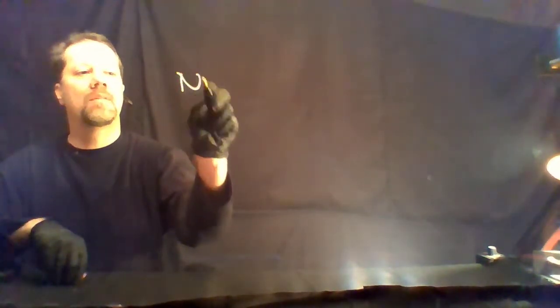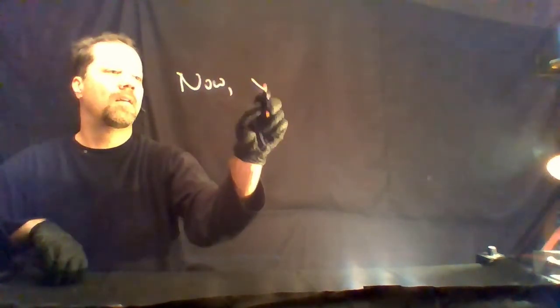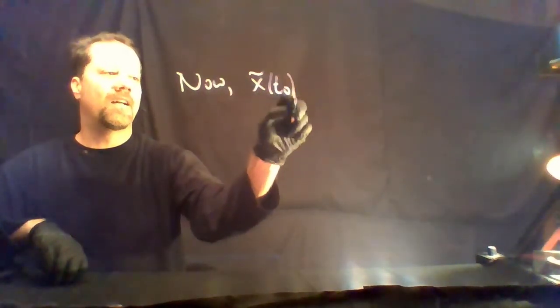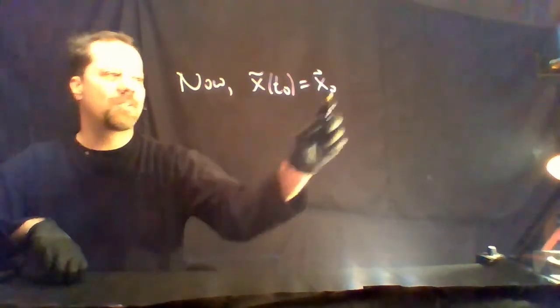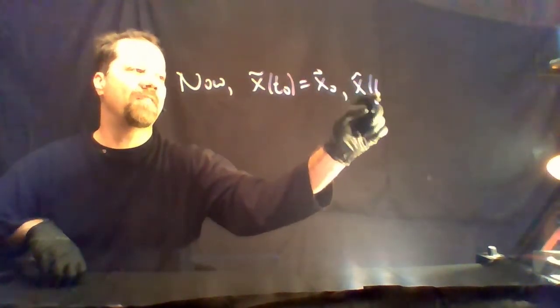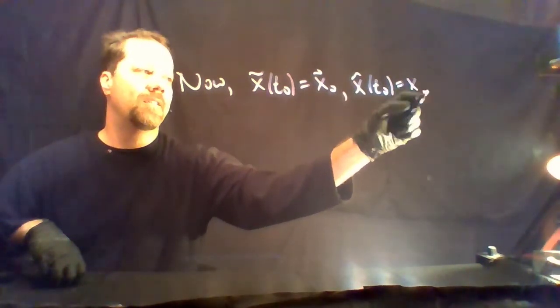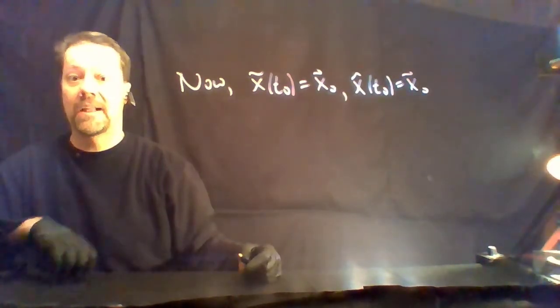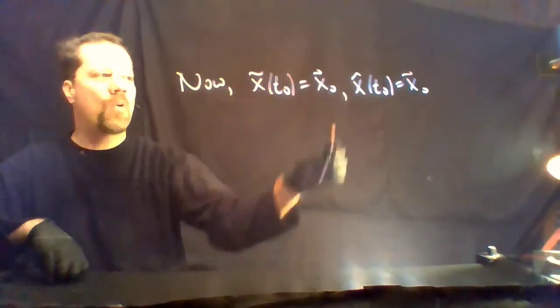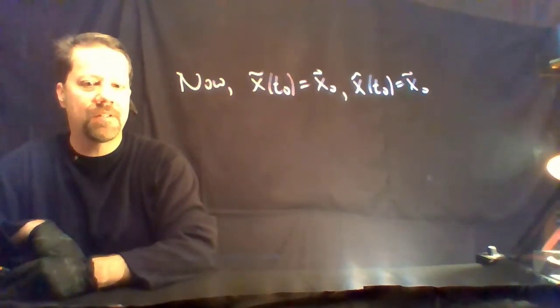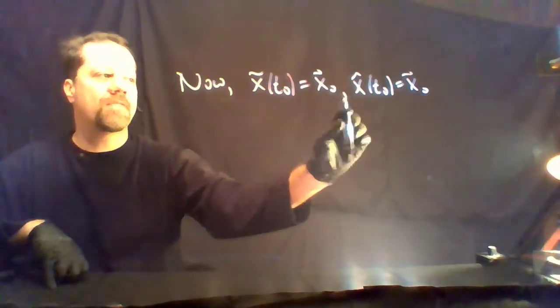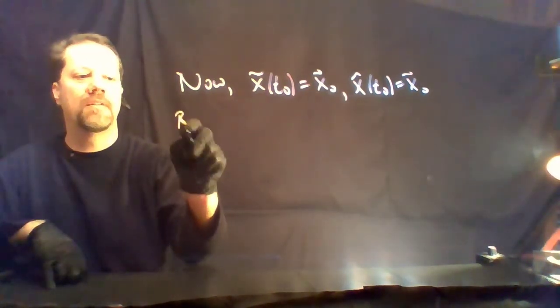Now, x tilde at t0 is x0 because it satisfies the system of equations, and x hat of t0 is x0 by definition. That's how we got x0. Both x hat and x tilde are solutions to the differential equation, and they both satisfy the same initial condition.